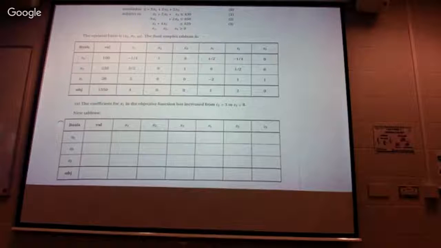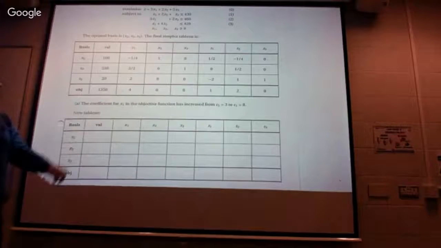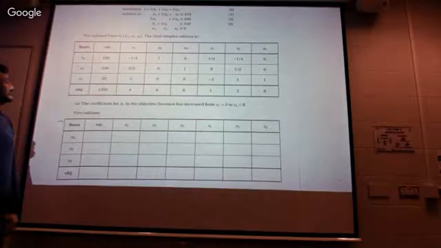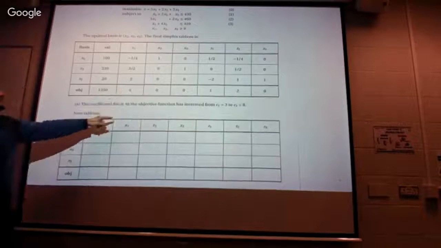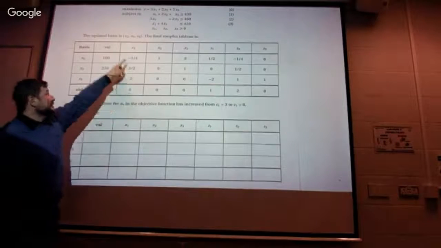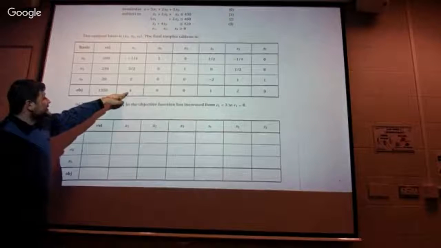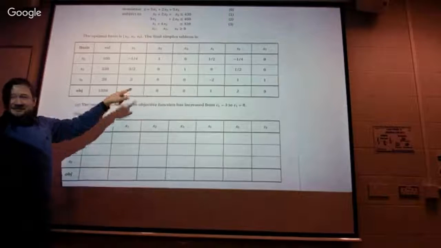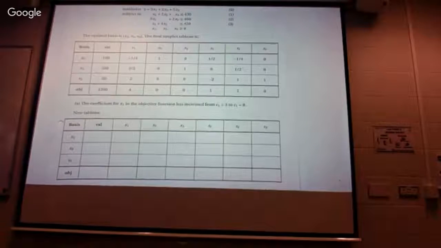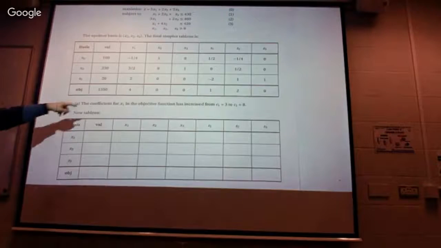Yeah, so x1, that thing changes from 3 to 8. So that's the only entry. Right? We're changing x1. So x1 column is the only place where something's going to change. This looks like a 4. Yes, it's a 4. And so what's it going to change to?